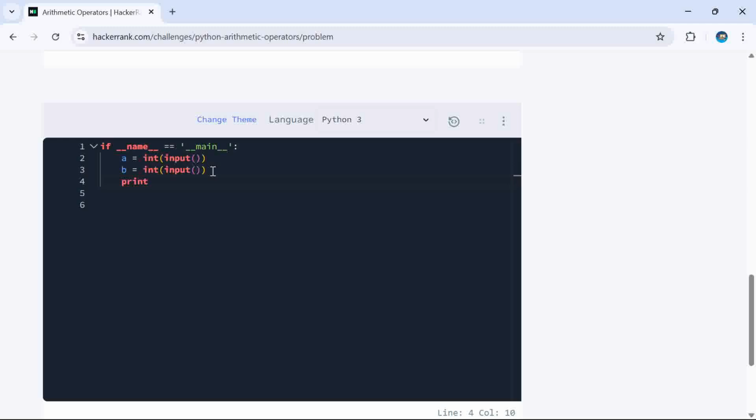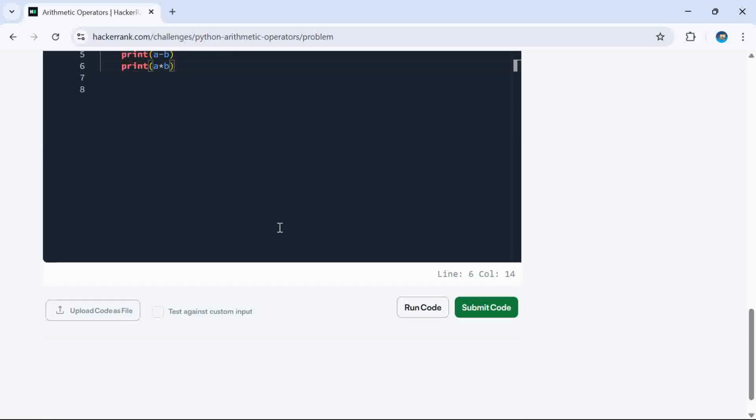It's easy, right? So we will be taking print A plus B, and the next would be print A minus B, and then the next was print A into B. Okay, so that's it.